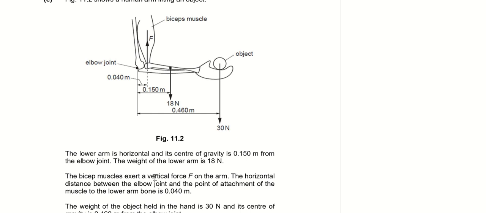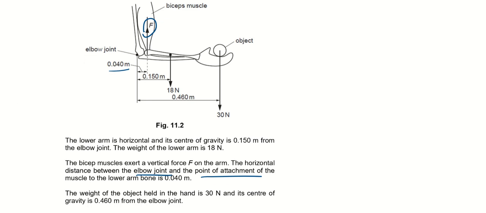The bicep muscles exert a vertical force F, this one, on the arm. The horizontal distance between the elbow joint and the point of attachment of the muscle to the lower arm bone is 0.04. So it is this. The weight of the object held in the hand is 30 newtons, this one. And its center of gravity is 0.46 meters from the elbow joint.